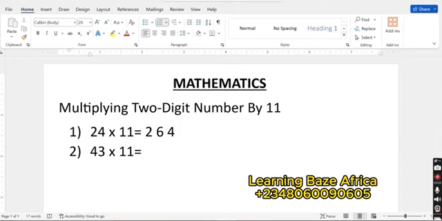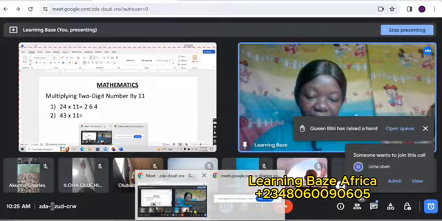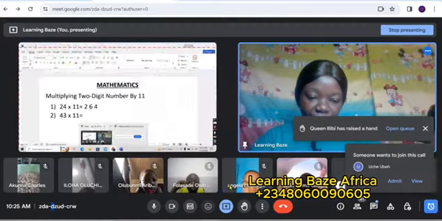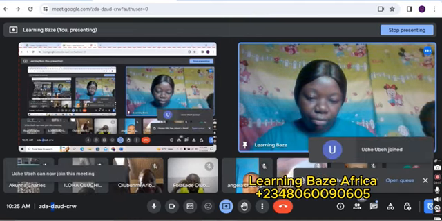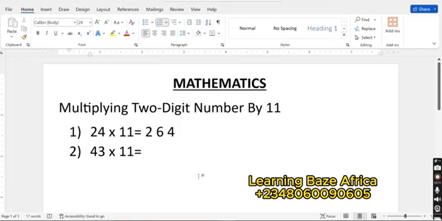How do we get the answer to 43 times 11? The first thing you're going to do is write down the first digit, which is 4, and the second digit, which is 3, giving a space in between. You can see that there is a space in between these two digits.